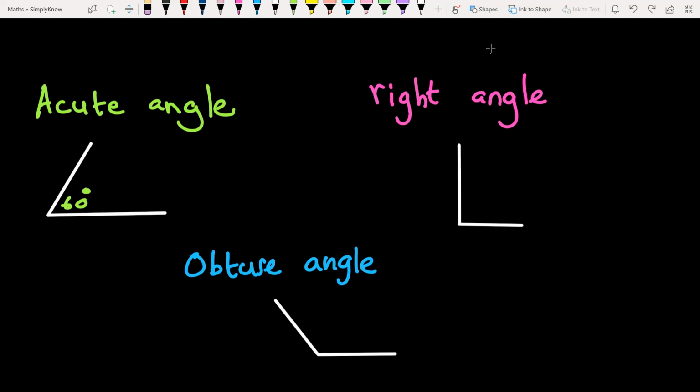Now, if I draw a line like this to form a closed figure, what do I get? Yes, of course, it's a triangle. So what type of a triangle is this? We can call this triangle an acute angled triangle.